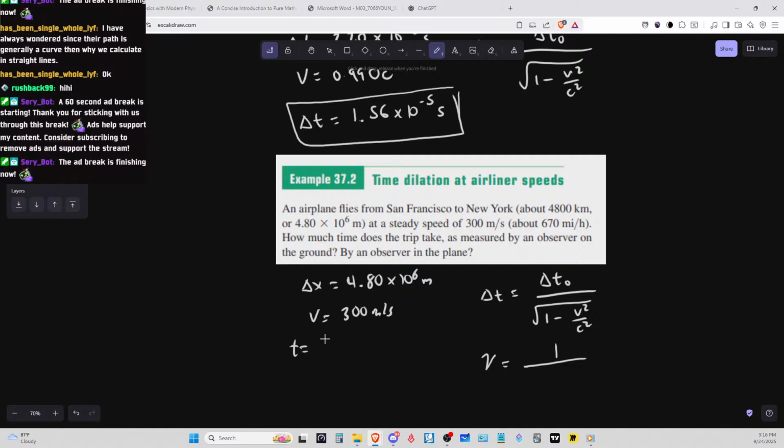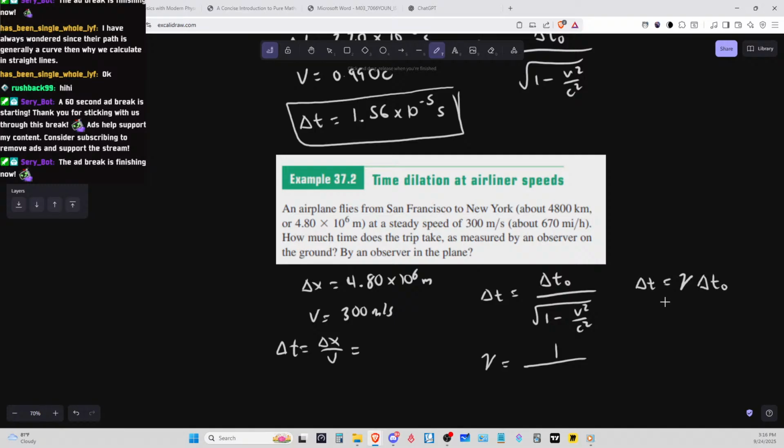And so we'll have the time, I think we can just write this as the proper time here. Well, not the proper time, but the time of the observer on the ground. That might help us. And then when we calculate gamma, we can use gamma to get the proper time. So the time difference is gamma times the proper time.